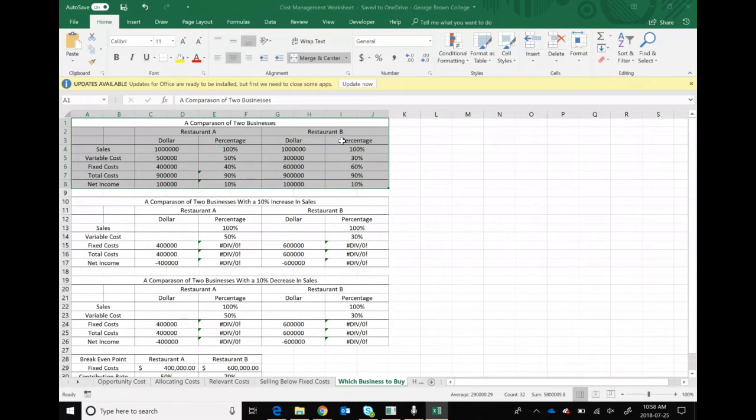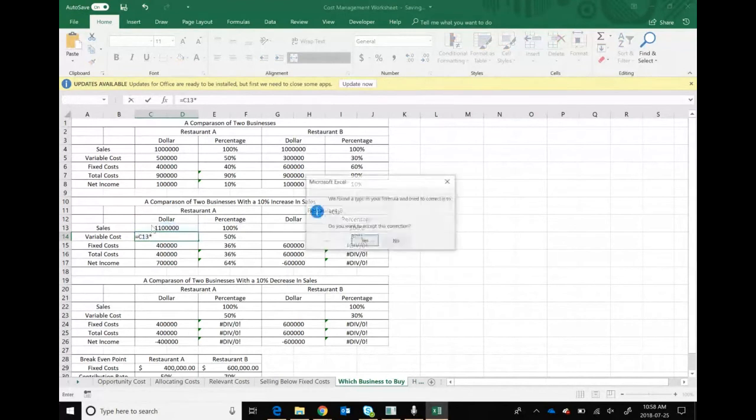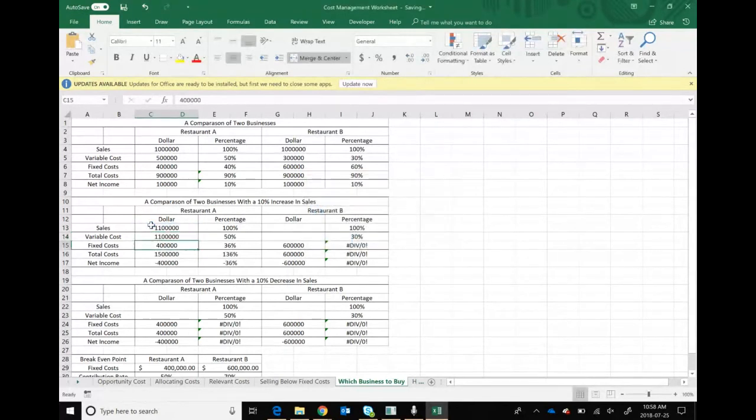Now what happens if we increase sales by 10%? Let's see the changes in net income and costs. For restaurant A, let's take our sales and multiply by 1.1, which is 10%. Our variable cost is 50% of our sales, multiplied by 50%.